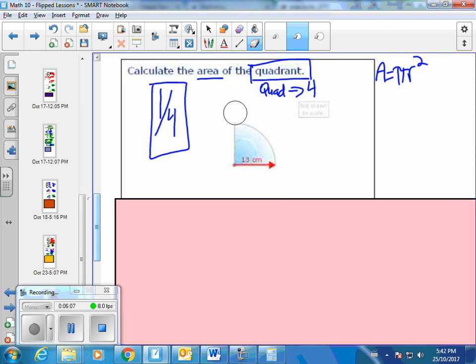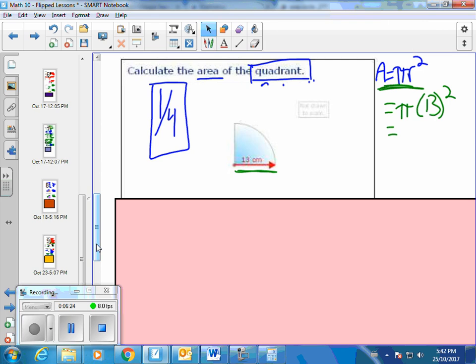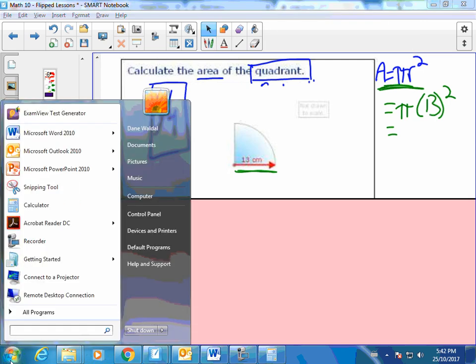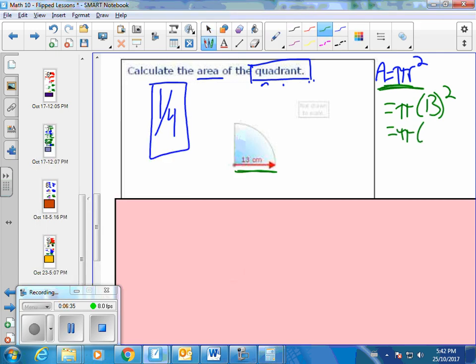Now, this is a curved circle, so I know that I'm going to still be using my same formula from up here. So I'm going to start plugging things in. I know my radius is 13 centimeters, so I'm going to go pi times 13 squared equals, I think 13 squared is 169, but I could be wrong. It is 169. So equals pi times 169.